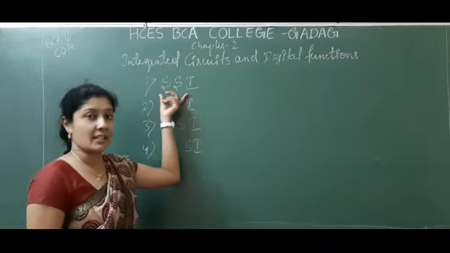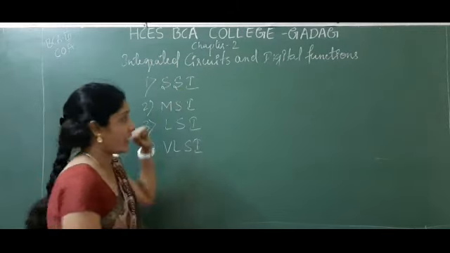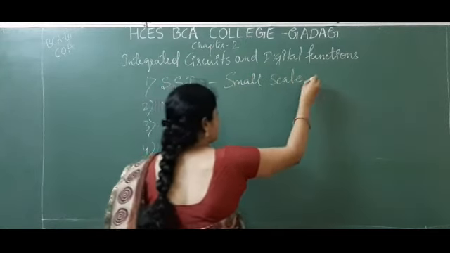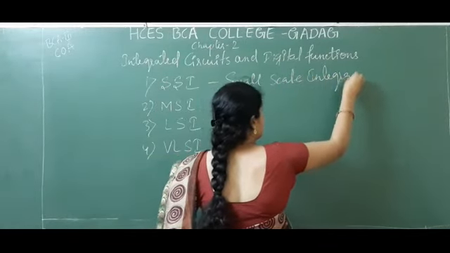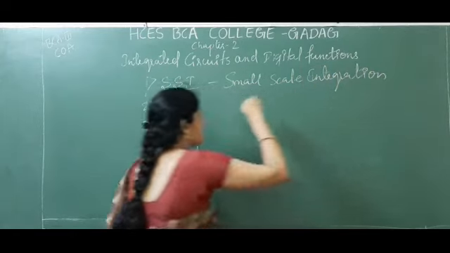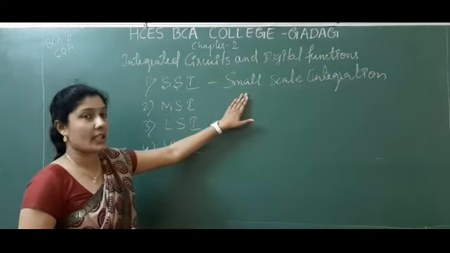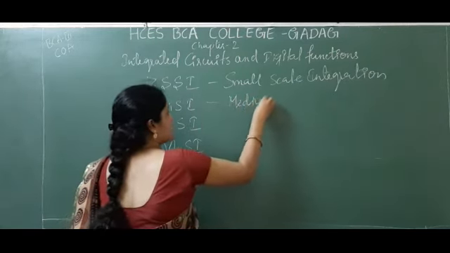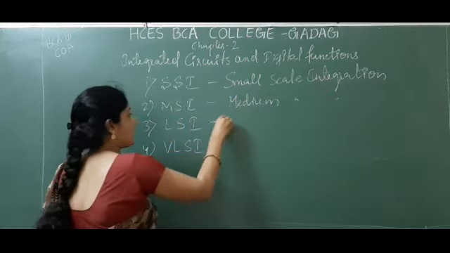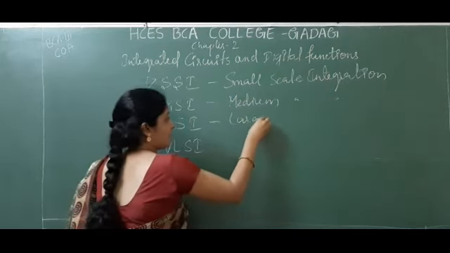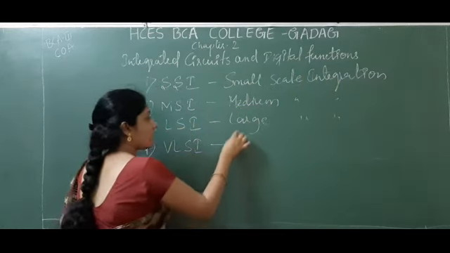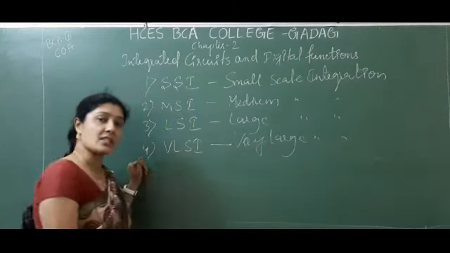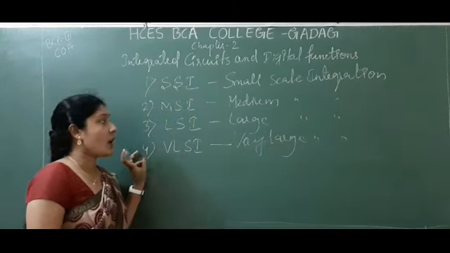SSI is small scale integration. MSI, medium scale integration. LSI, large scale integration. VLSI, very large scale integration. Now how are these classified?